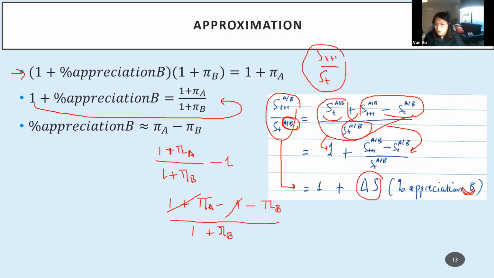So given that the inflation rate is quite small, so 3%, so on and so forth, I can say that the denominator approximates 1, which means that the right-hand side would approximate inflation A minus inflation B, okay? So overall, I can say that the change in currency B's value, or the percentage appreciation in currency B, approximates the differences between inflation rates in the two countries, okay? So inflation A minus inflation B, okay?